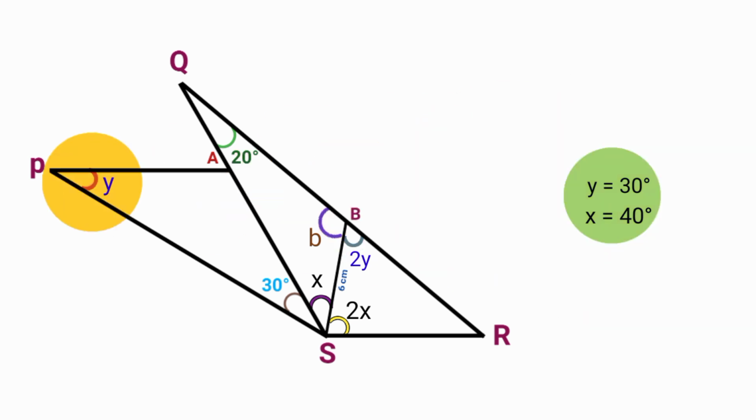If we substitute here, y equal to 30 degree, this will be 30 degree, and here 2y will be equal to 2 times 30, which equals 60 degree. Now substituting x equal to 40 degree into this angle will be 40 degree, while here 2x will be equal to 2 times 40 degree, which equals 80 degree.